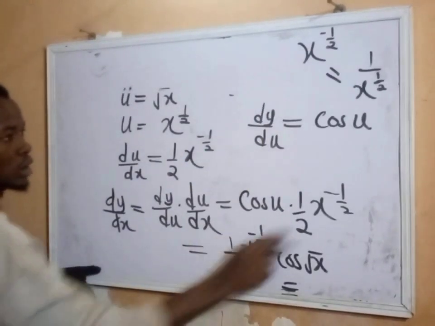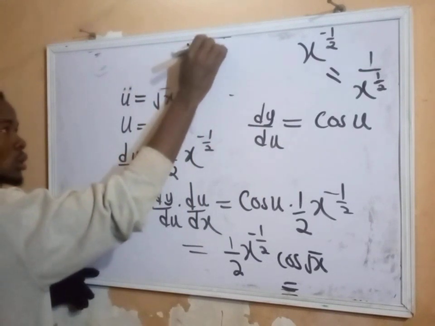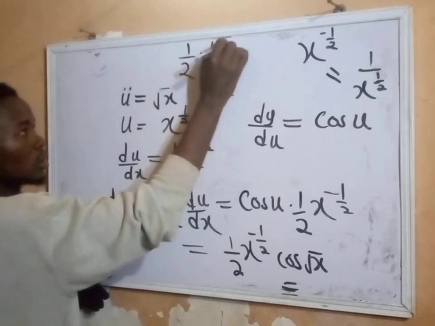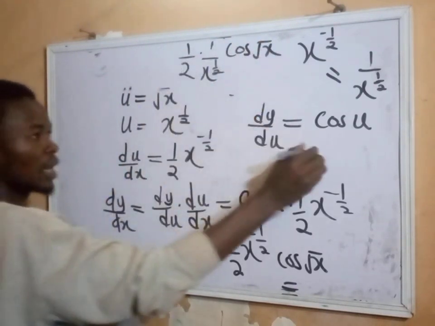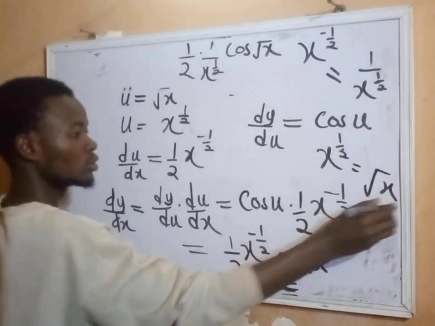So if this one equals this, then we have 1 over 2 times 1 divided by x raised to the power 1 over 2, then cos root x. But x raised to the power of 1 over 2 can still be root of x.